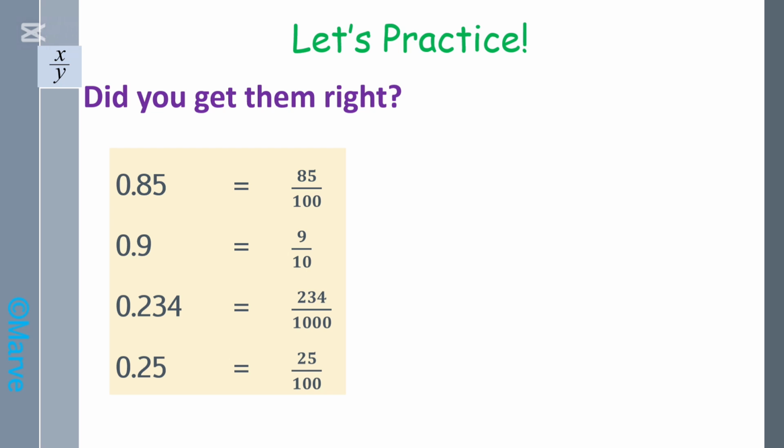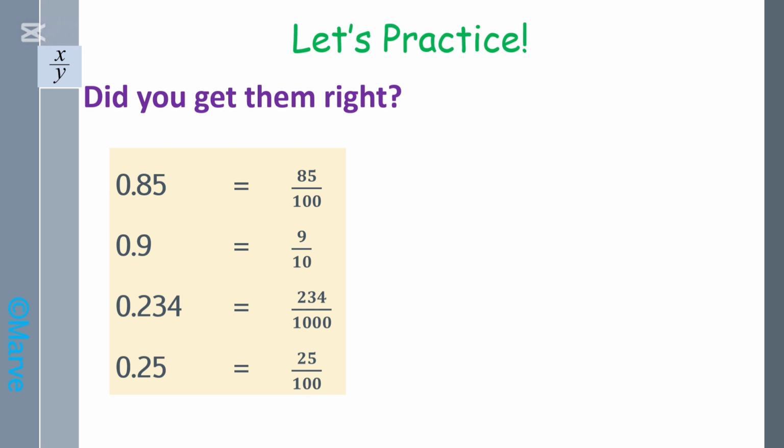Okay, the last place value is hundredths. So 85/100. Okay, 0.9, the last place value here is tenths. So 9/10. Okay, 0.234, thousandths. So the 2 is a tenth, 3 is a hundredth, and 4 is a thousandth. So the last place value is thousandths after the decimal point, remember?